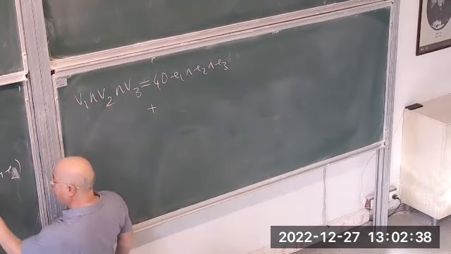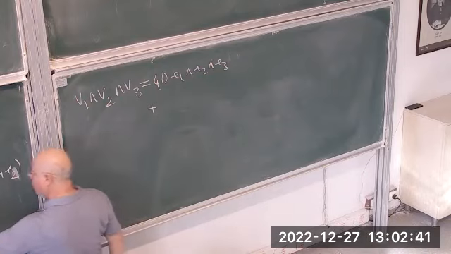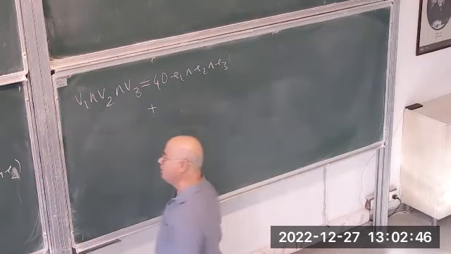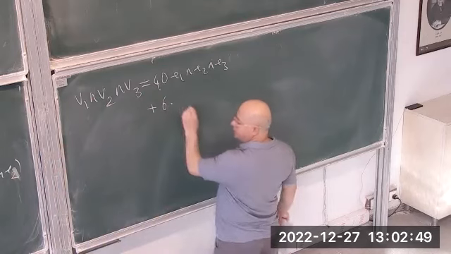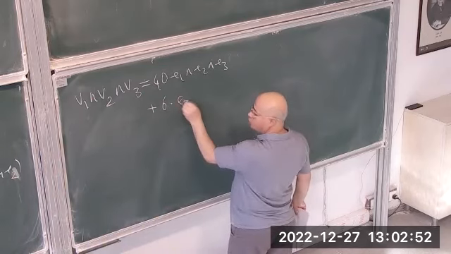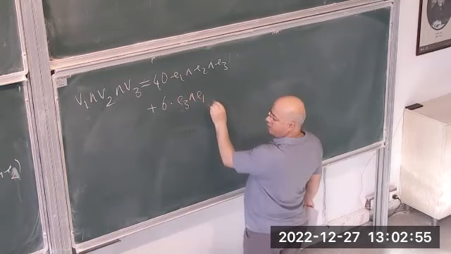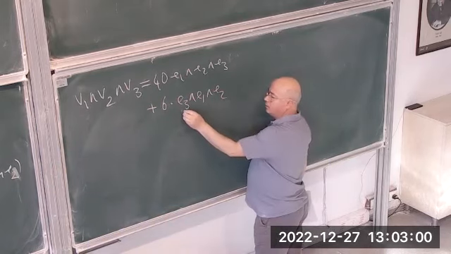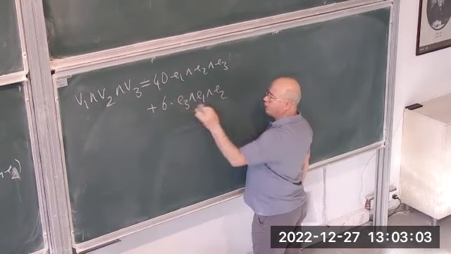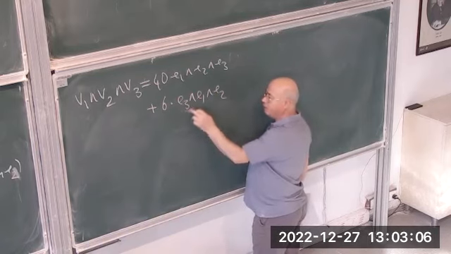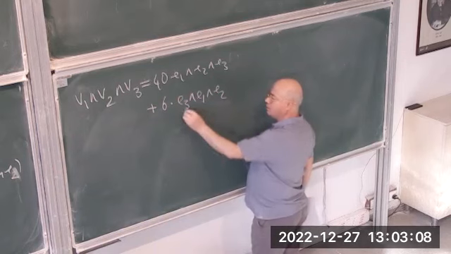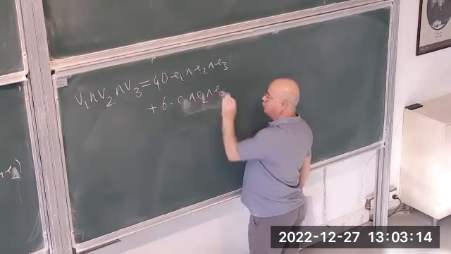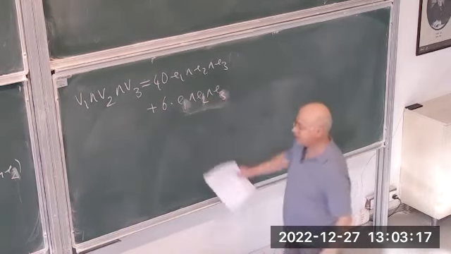If I take this one, I have to take this guy. So 3, minus 2, minus 6, plus 6. E3, E1, E2, right? To get this one, I have to make two transpositions, right? E1, E2, E3. So if you make two transpositions, sign doesn't change, so we get this.